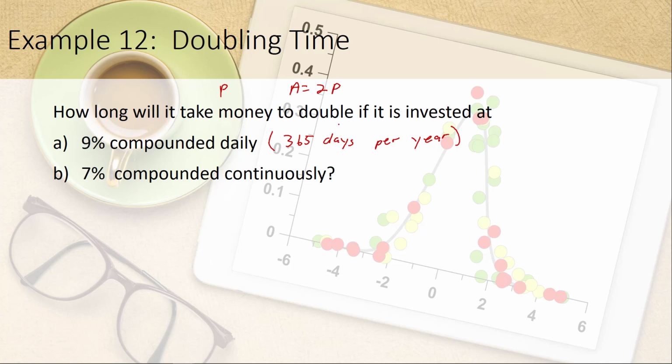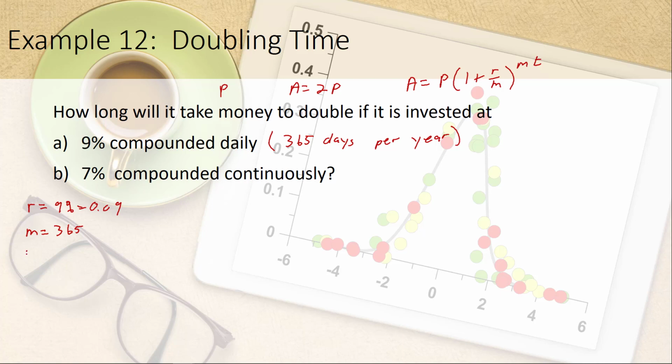Since we're compounding daily, we are going to use this equation: A is equal to P times (1 plus R over M), all raised to the M times T power, and it is T that we're looking for. For part A, we know that R is 9%, which is 0.09, and since we're compounding daily, M is 365.